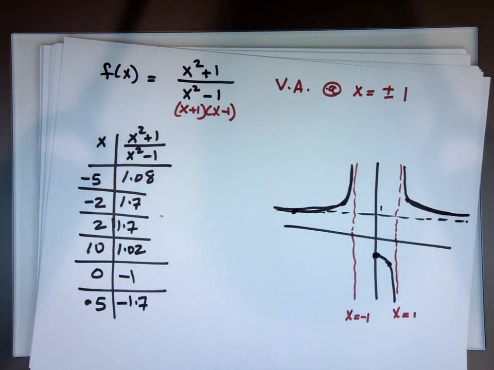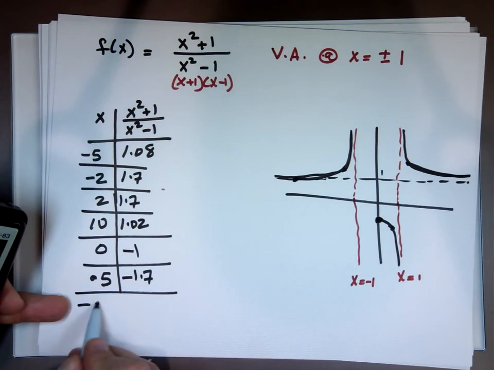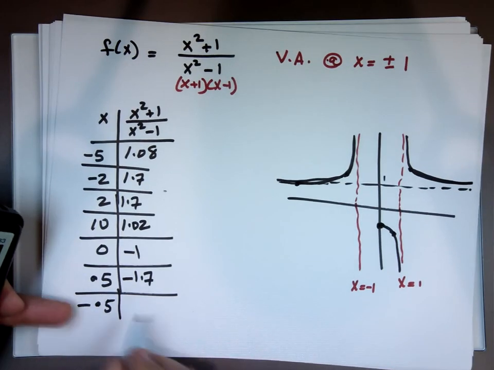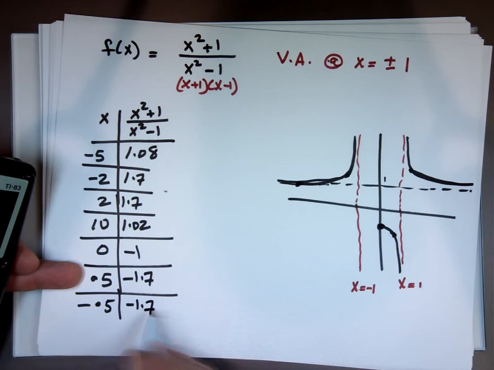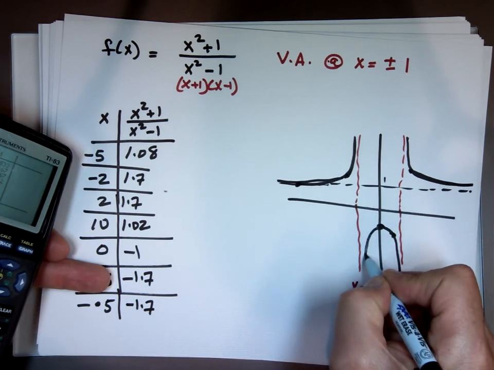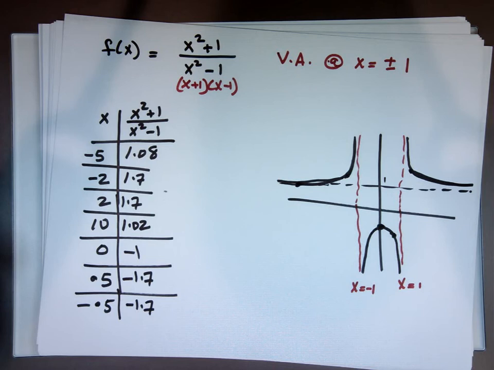It's coming down. And let's try the -0.5. Is that a -1.7 too? Yes. That's what the graph looks like. 5, 6 points. By knowing the asymptotes, we can figure everything.